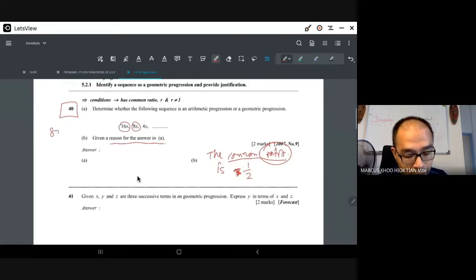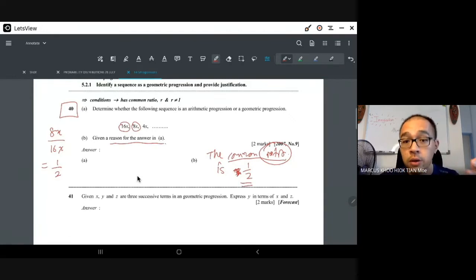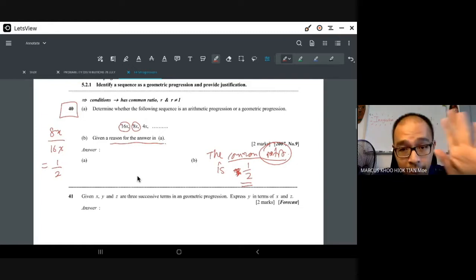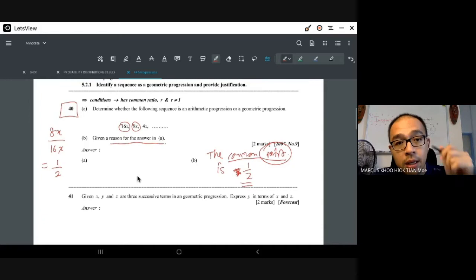So 8x divide by 16x, and you will get 1/2. This is how we determine the common ratio. I know, sometimes we don't even have to think about this. You just look, it's divide by 2, divide by 2, so the common ratio is 1/2. Okay, but the most important thing about geometric progression is that the common ratio is the same.